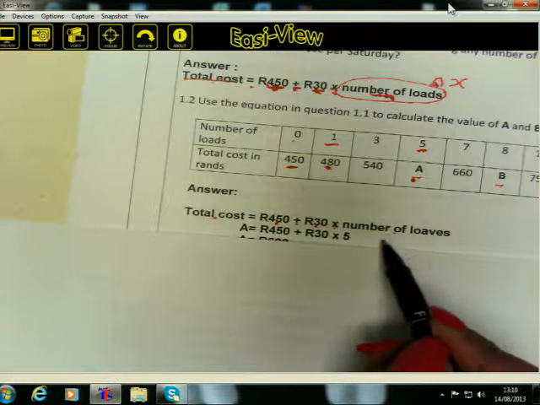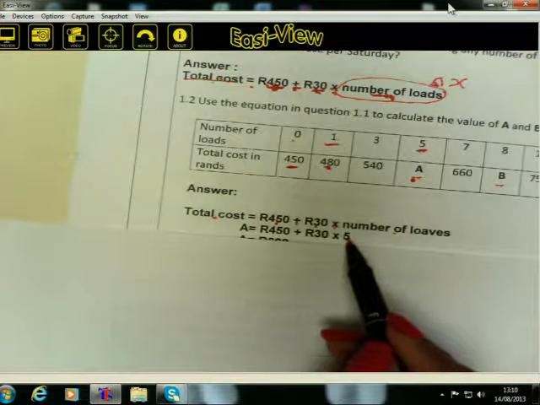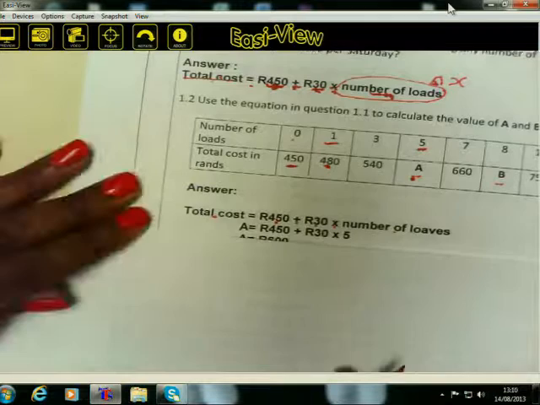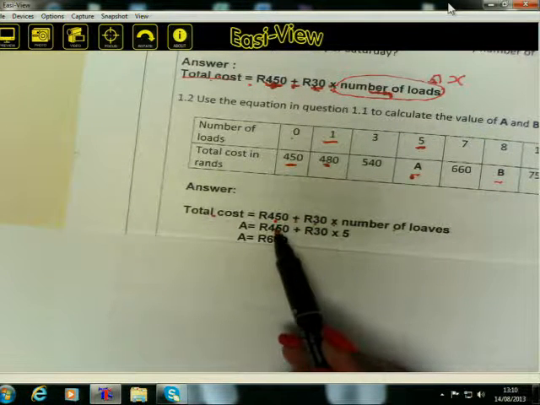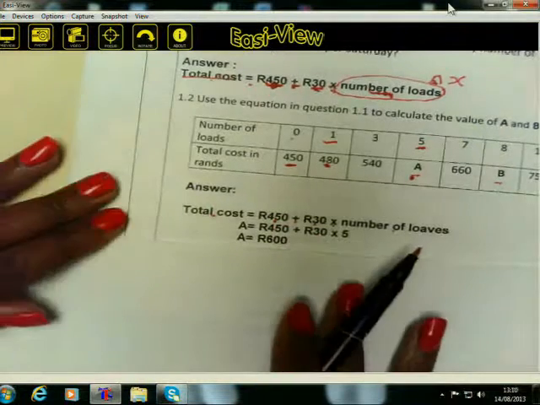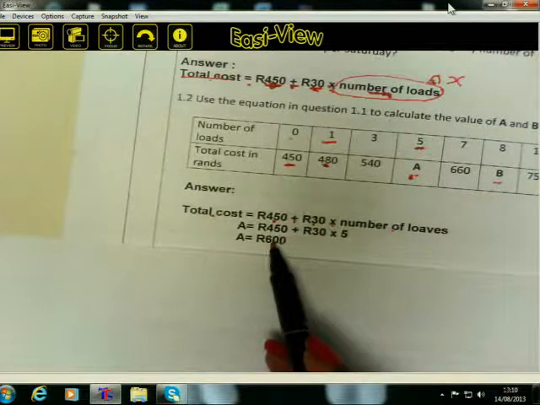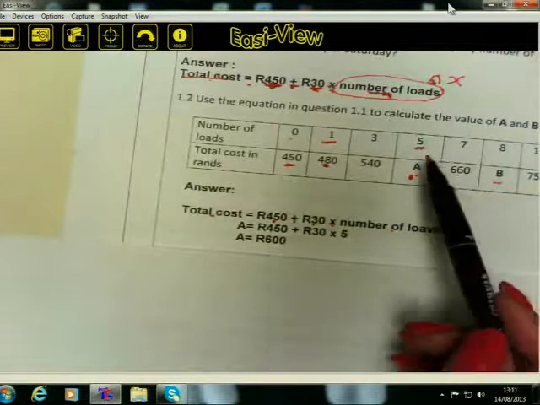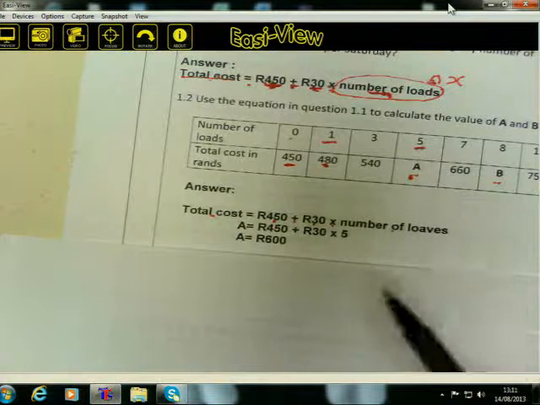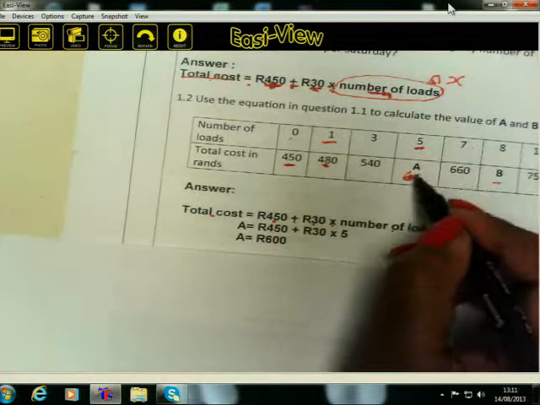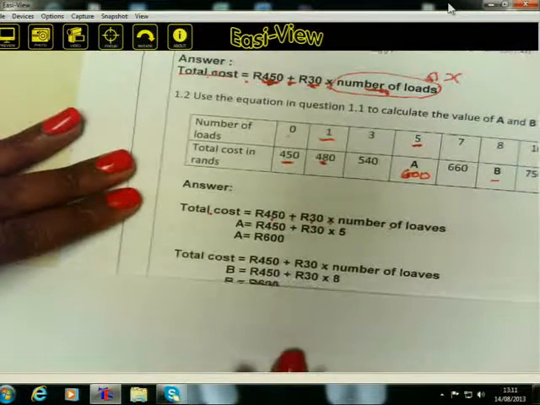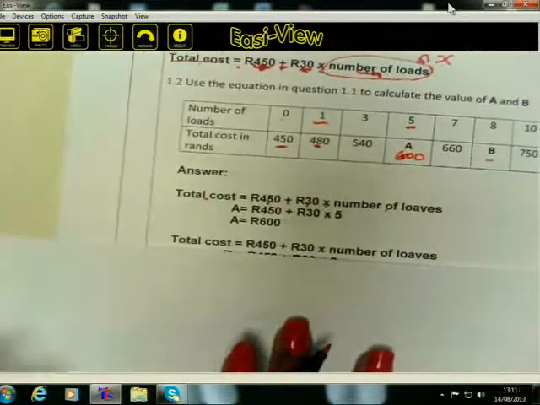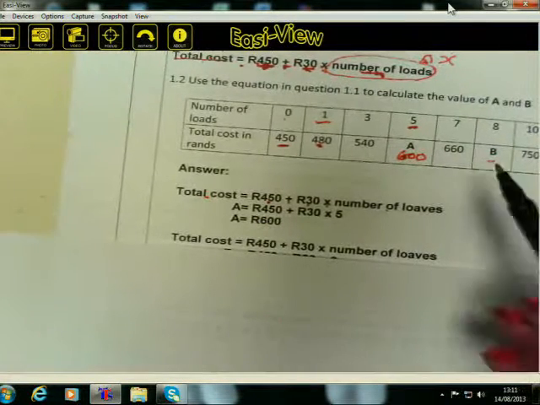Hence, in the formula, we substitute the number of loads by 5. If you multiply 30 by 5 and then add to 450, it will give you the answer of 600. It means if he transports 5 loads, the total cost will be 600.